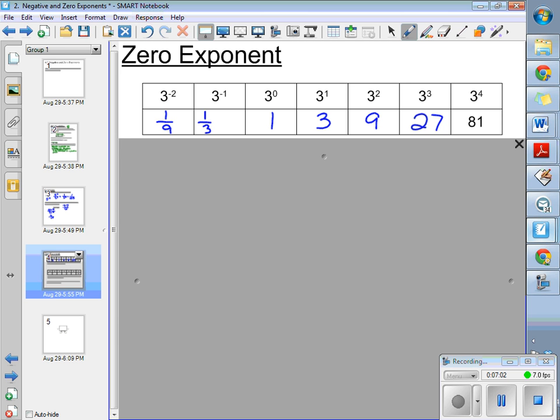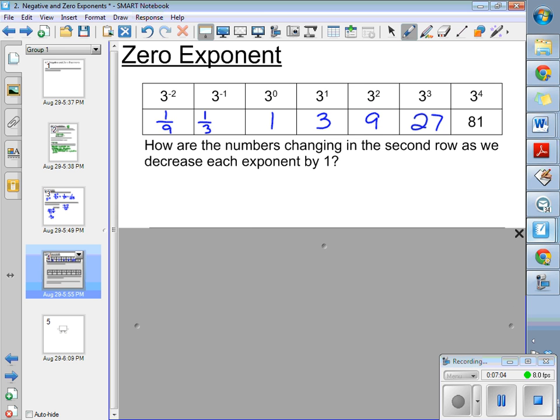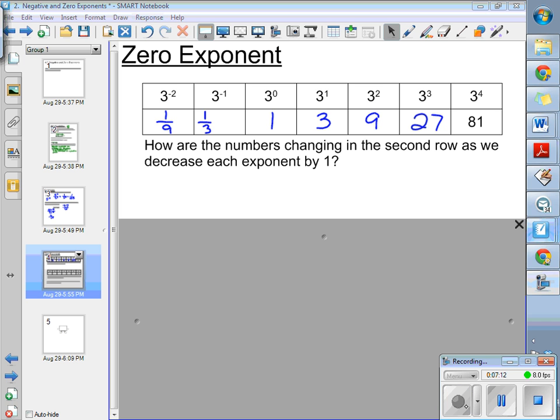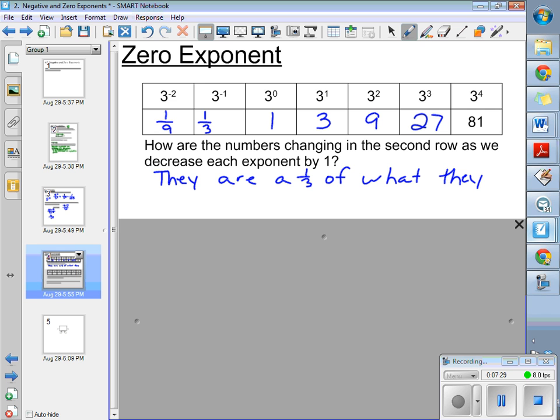Okay? How are the numbers changing in the second row as we decrease each exponent by 1? They are a third of what they were, because a third is our base, right?